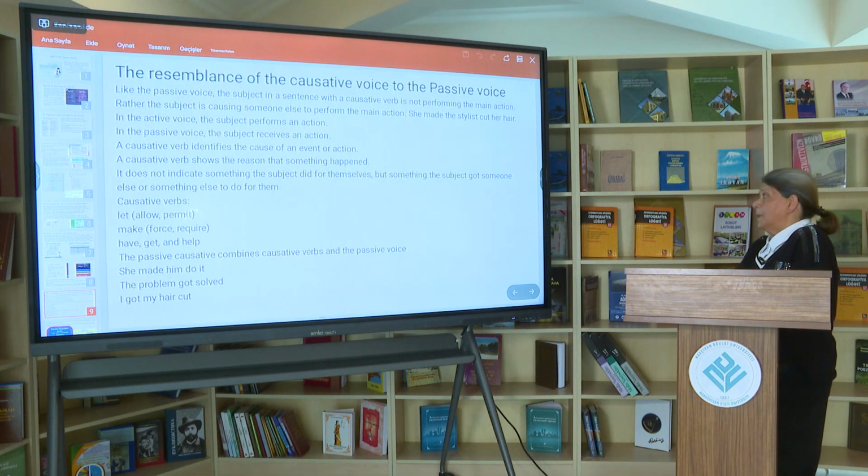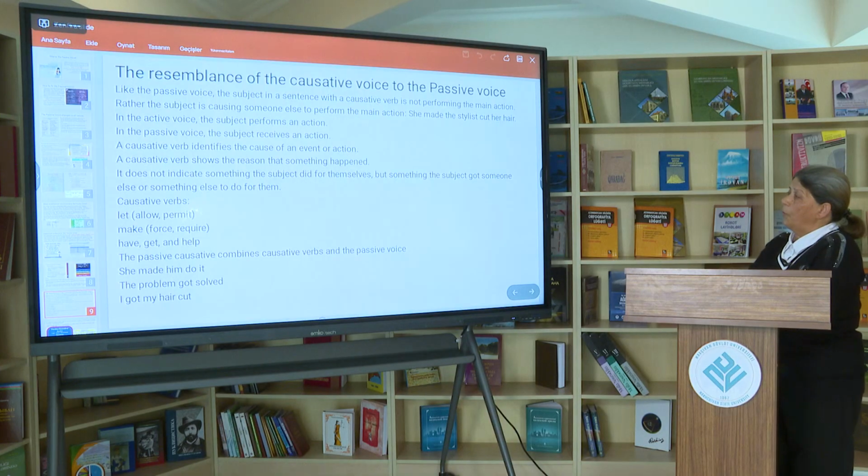In the passive sentence, the subject receives an action. But in causative sentences, the causative verb identifies the cause of an event or an action. A causative verb shows the reason that something happened.